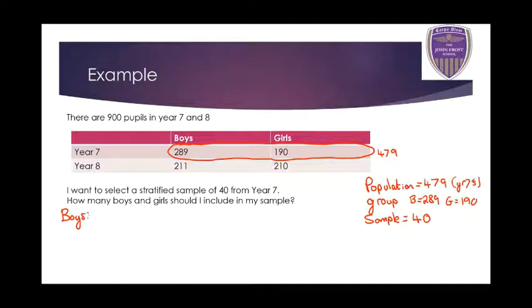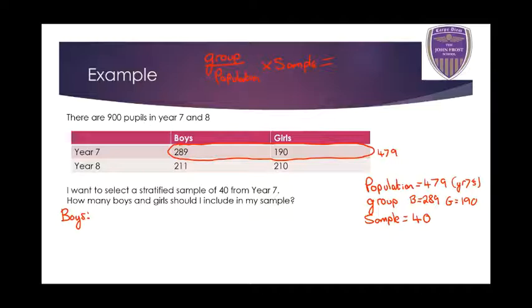And just to remind yourself, I'm going to write the formula up here. It is group size divided by population times by sample size, okay? So all these words: group size, population size, sample size. And that will give you your proportion.